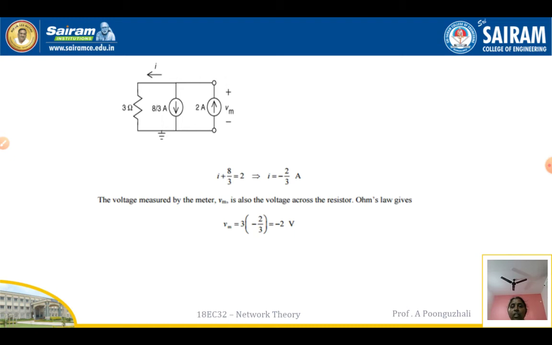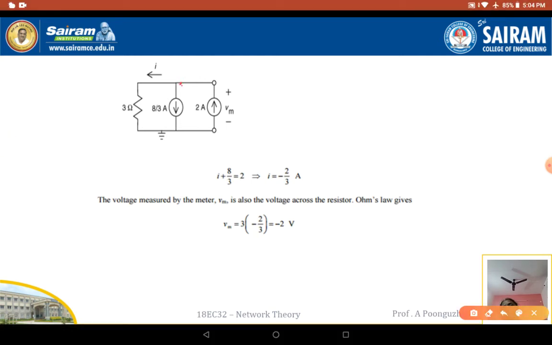So now if I apply KCL, incoming current is equivalent to outgoing current. I want to find out the total voltage drop. If I consider this to be a node, KCL is the sum of the outgoing currents. Incoming current to this node is 2 amps.